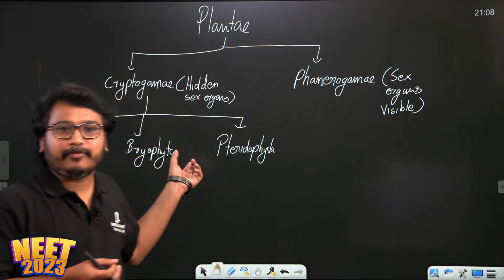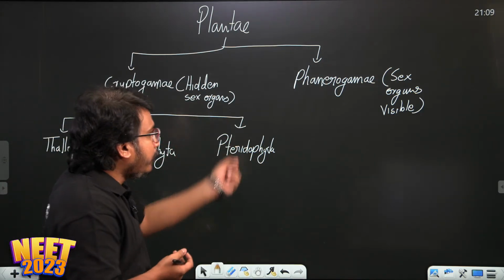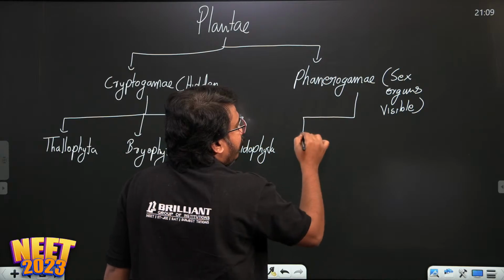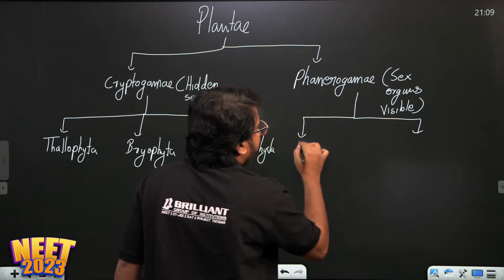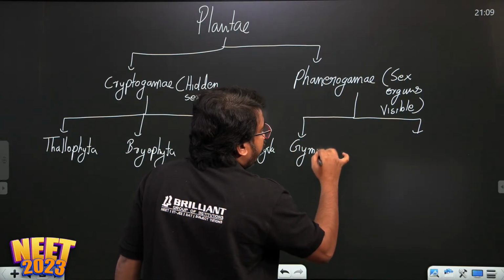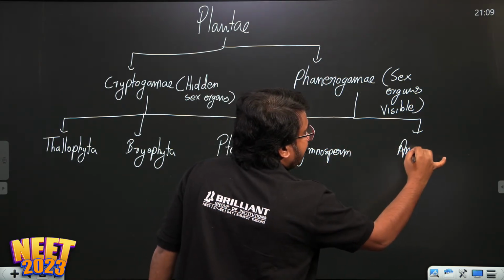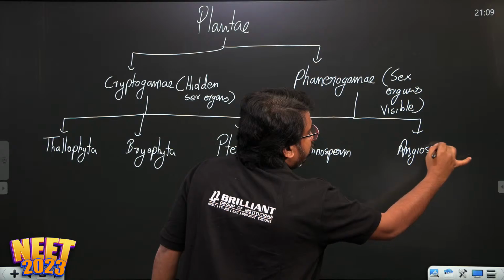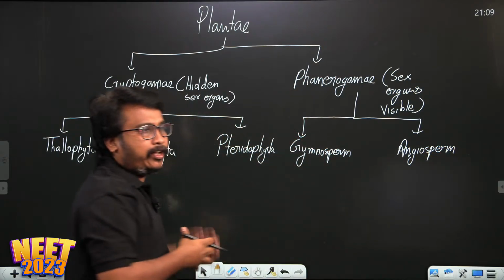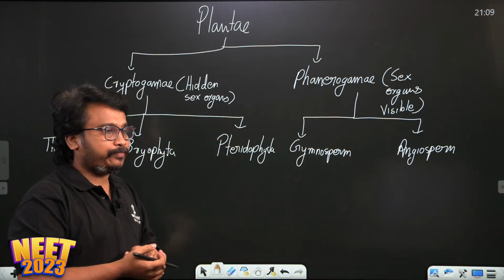That is why they are kept under cryptogamy. Whereas the phanerogamy would be including two plants. One is Gymnosperm and the other is Angiosperm. So these two are actually coming under phanerogamy.